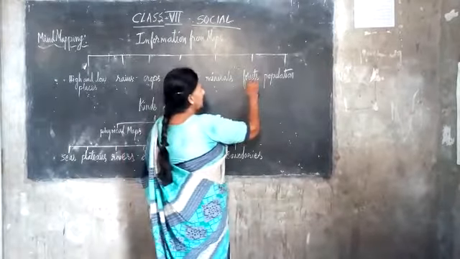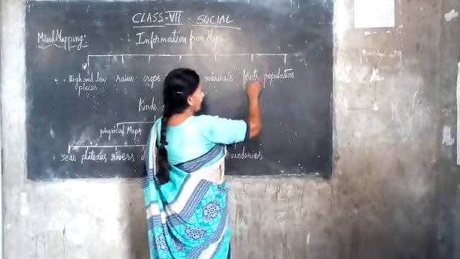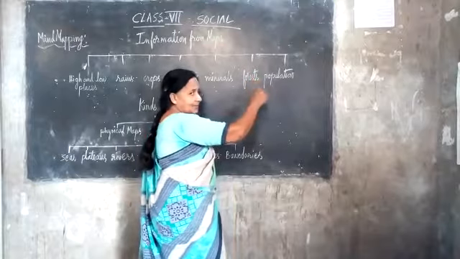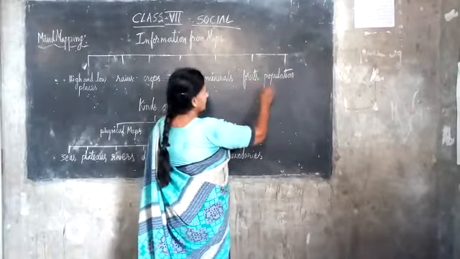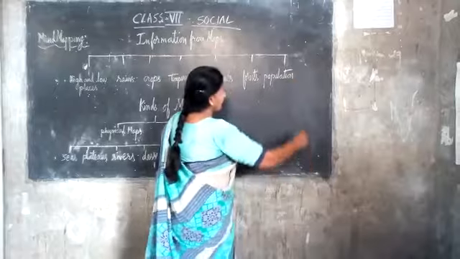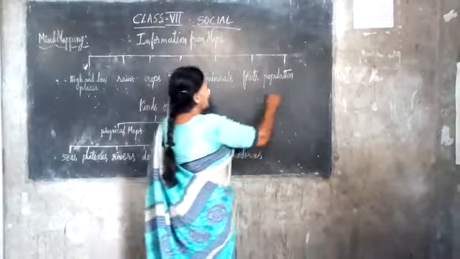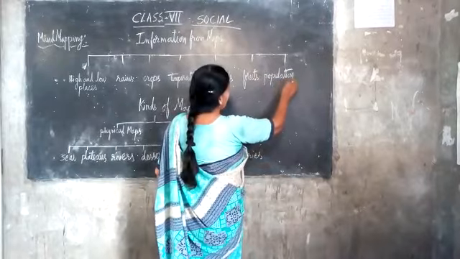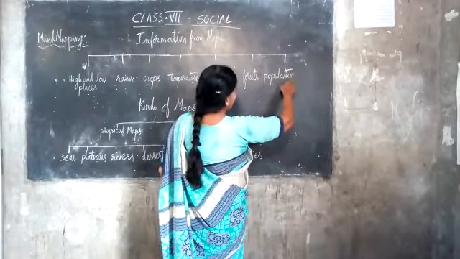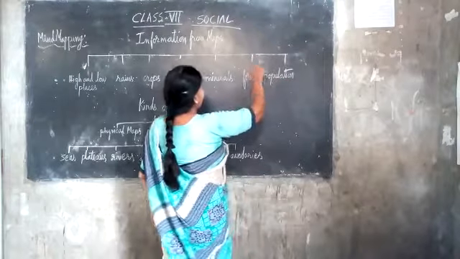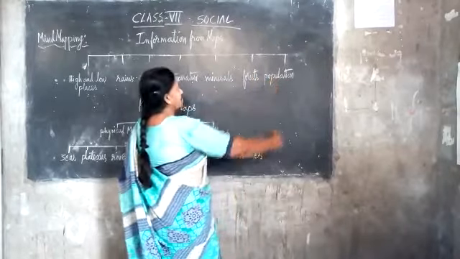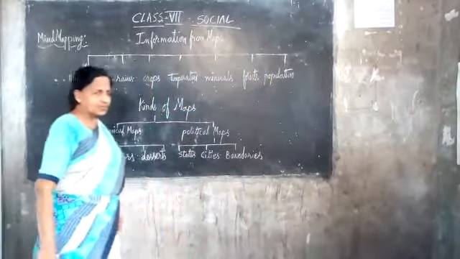Forest, as we know, is filled with greenery and also a few wild animals exist in the forest. The map also informs us the population of a particular country or a state, or worldwide.